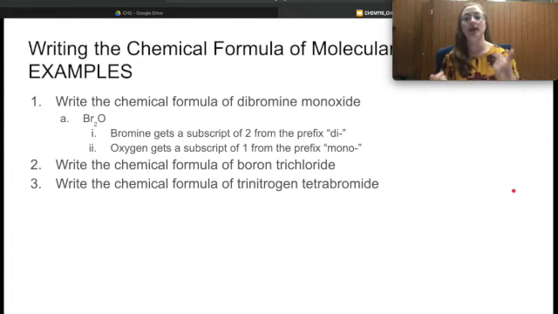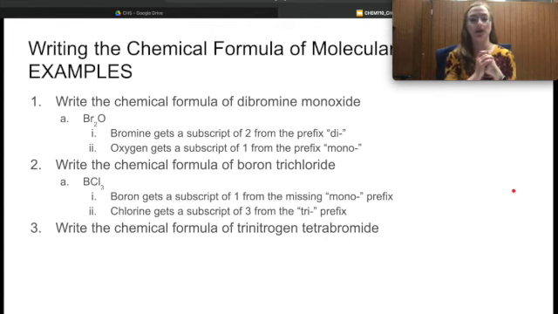Well, I see chloride, so that means I've got chlorine. I see tri, that means I have 3, so I've got Cl3. Pretty easy. So BCl3 is going to be our chemical formula. BCl3, boron trichloride. So boron gets a subscript of 1 from that missing mono prefix, and chlorine gets a subscript of 3 from that tri prefix.